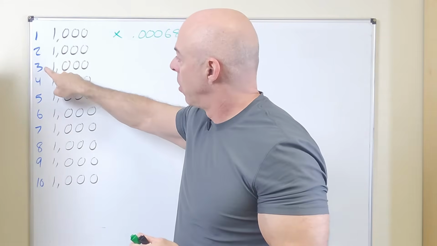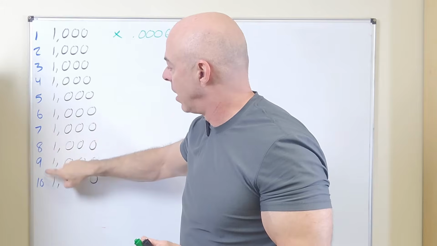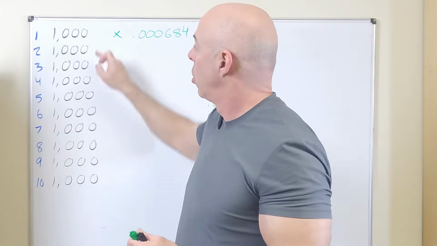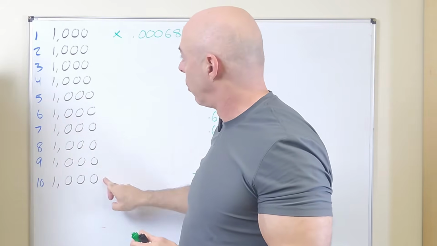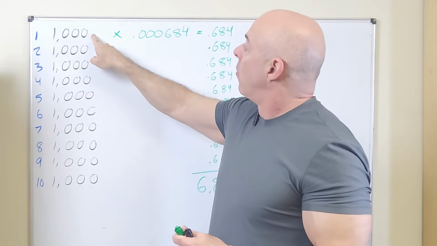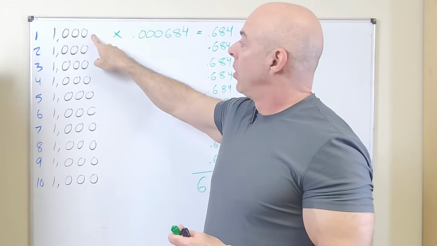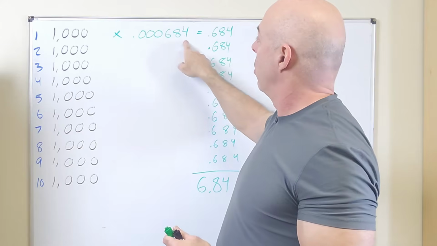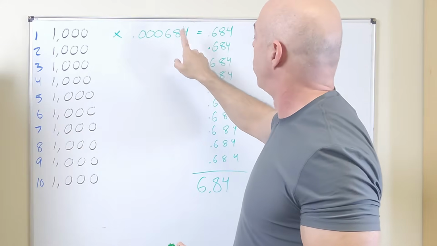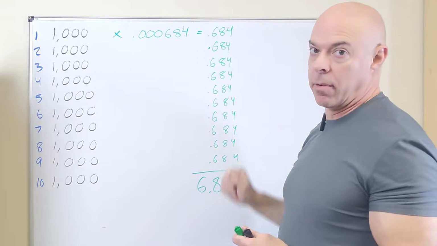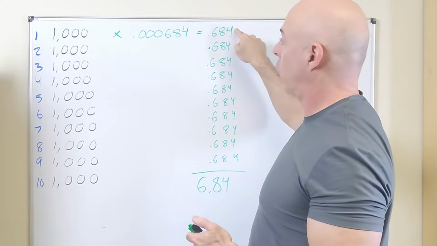And days 2 through 10, the first 10 days, you didn't charge anything else, you had $1,000. So for one day's interest, you'll take 1,000, multiply it by our factor, 0.000684, and you're going to get 0.684. Okay, now that's for the first day.